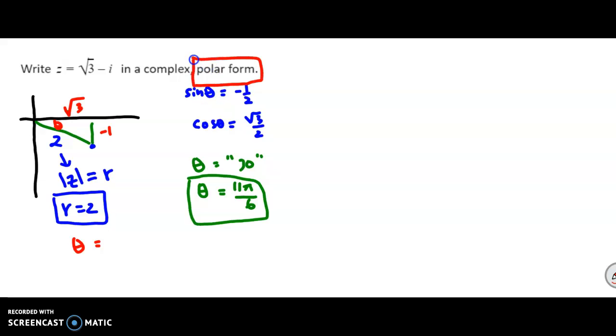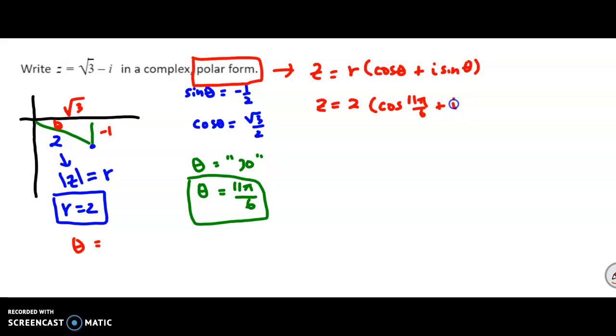And polar form from the last slide means that z is equal to r cosine theta plus i sine of theta, right? So z is equal to 2 cosine of 11 pi over 6 plus i times sine of 11 pi over 6. So that's what we have.